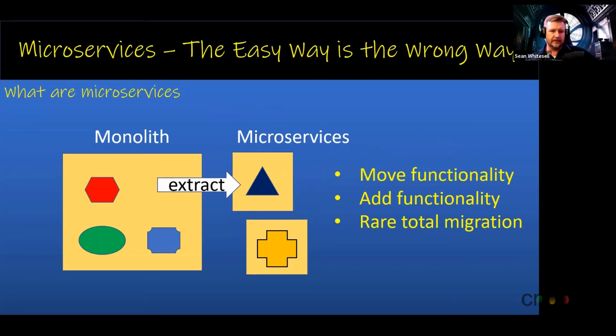You might even build a new microservice with brand new functionality, and rarely will you do a total migration from a monolith with several bits of functionality to nothing but a microservices architecture. It can be done, and it's very expensive, and I'll talk on that more as well. There have been people who have successfully done it, but not without problems. So we'll touch on that.